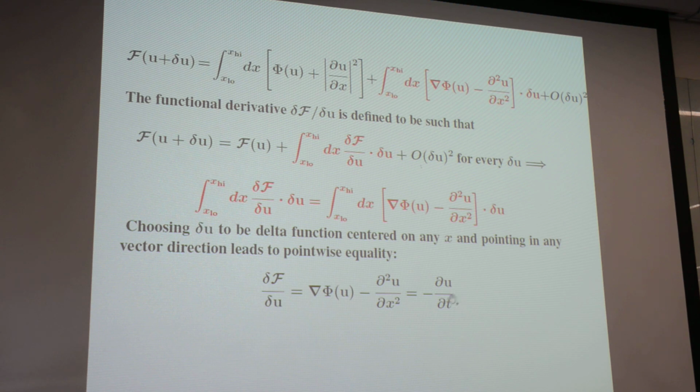Before, we defined a gradient system to be such that du dt is minus grad phi. Now we can define a more general gradient system to be such that minus du dt is df du, if you put in the diffusion like this. Okay, so we say that this is also a kind of gradient system where we are taking a functional derivative of this functional f.